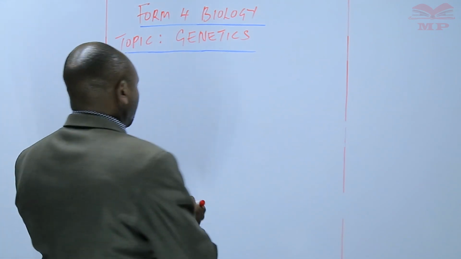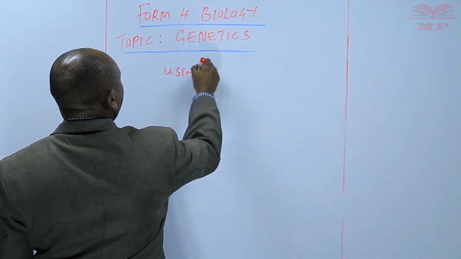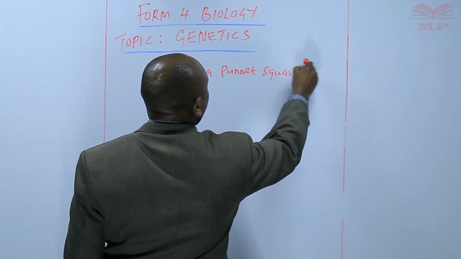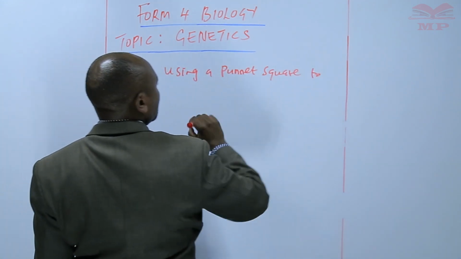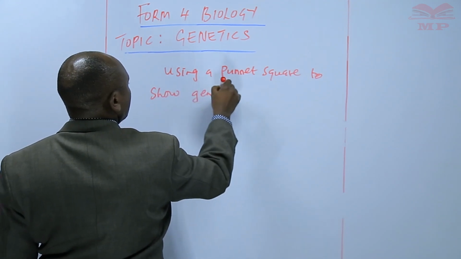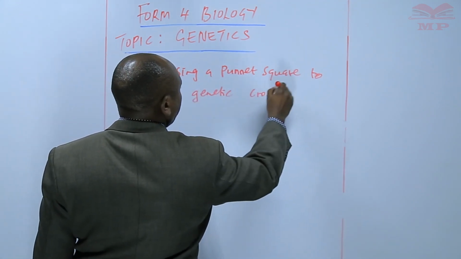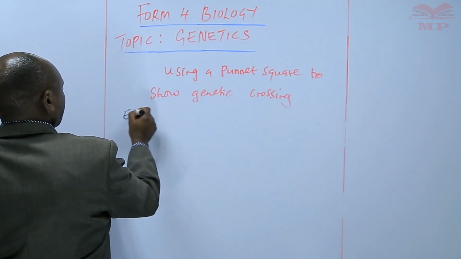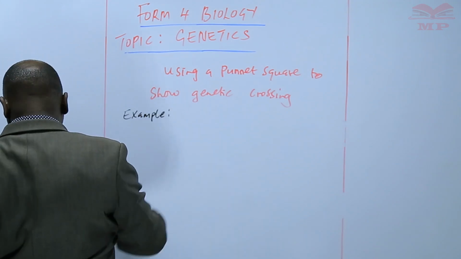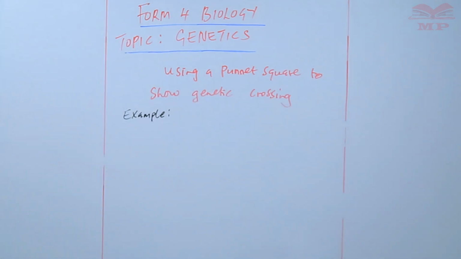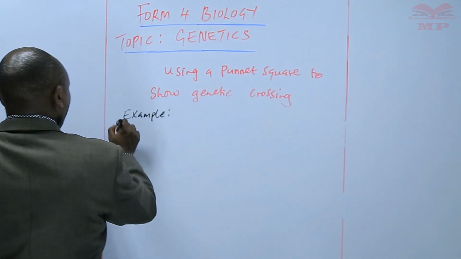So using a Punnett square to show genetic crossing, we'll use an example here. The example is written down here.